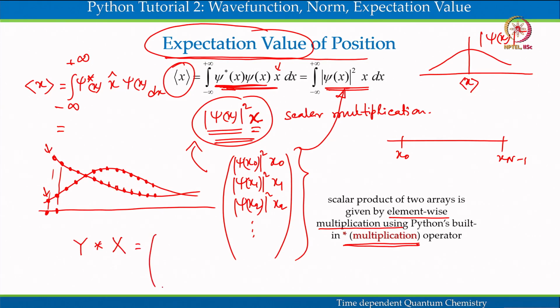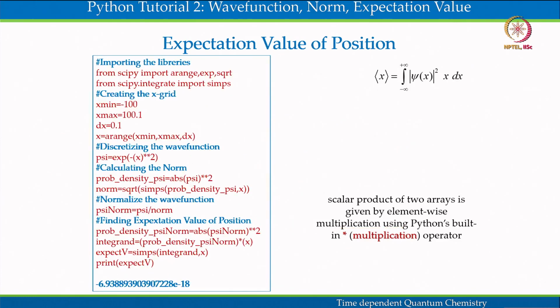It will do element-wise multiplication. Each element will be multiplied by the corresponding other element. So y0 will be multiplied by x0, y1 by x1, y2 by x2, and so on, and it will give me another array. It is very simple. We will move forward and see how to get this integration done so that I can get the expectation value.